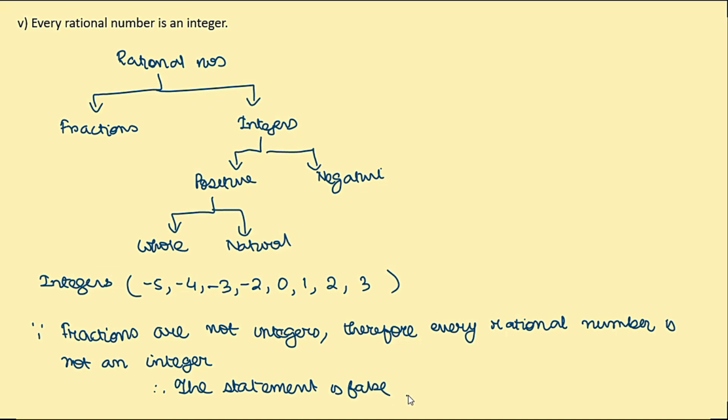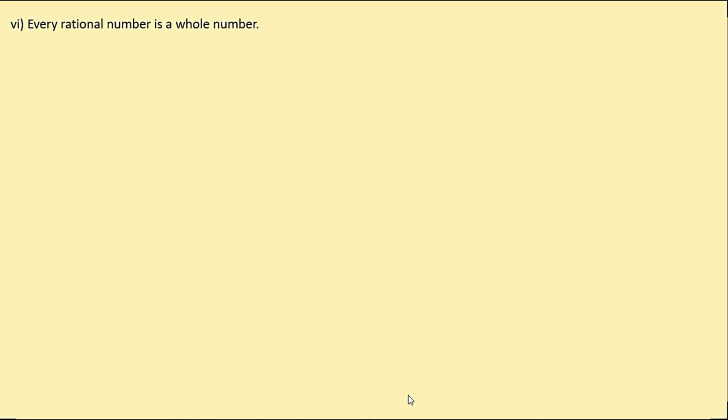Okay. So, the last statement is every rational number is a whole number. So, rational number, again, rational number can be divided into fractions and integers.